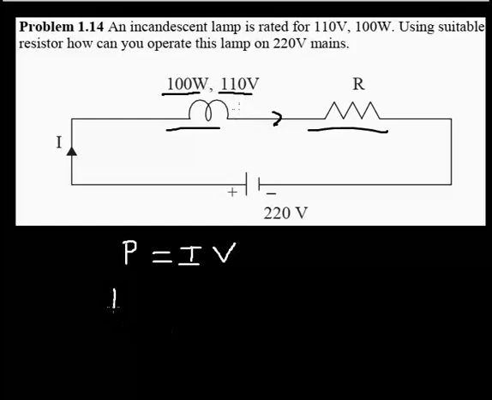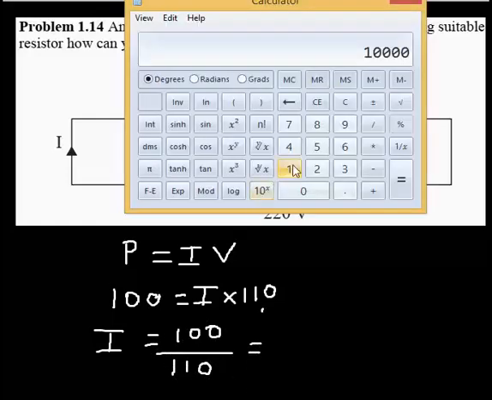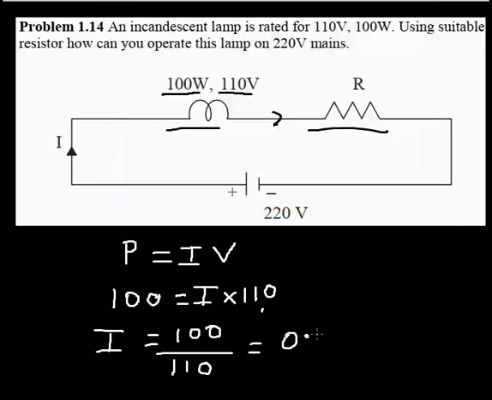So the current is the power divided by 110, so 100 divided by 110, which is 0.9 ampere approximately.